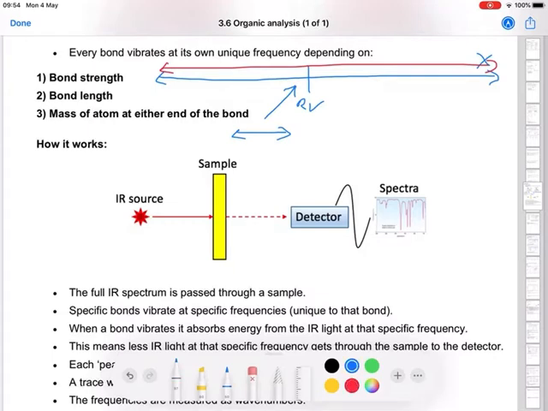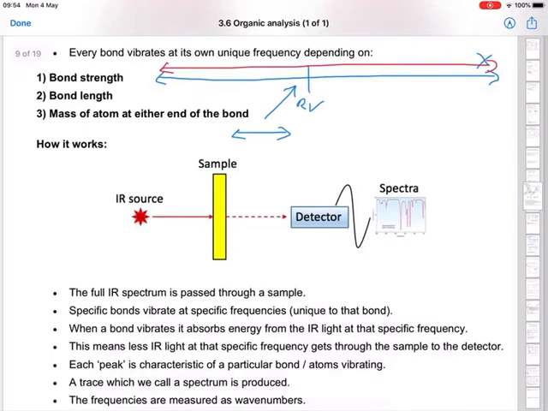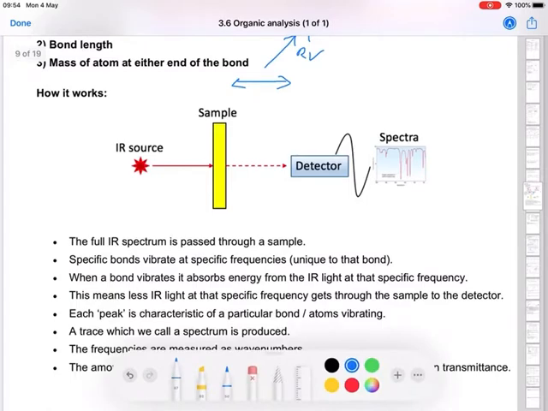So here's how infrared spectroscopy works. It basically works on the basis that we have an infrared light source where we can literally turn the frequency up. We then have a sample with our molecule in at this point here, and at the other end we get a detector which detects infrared radiation.